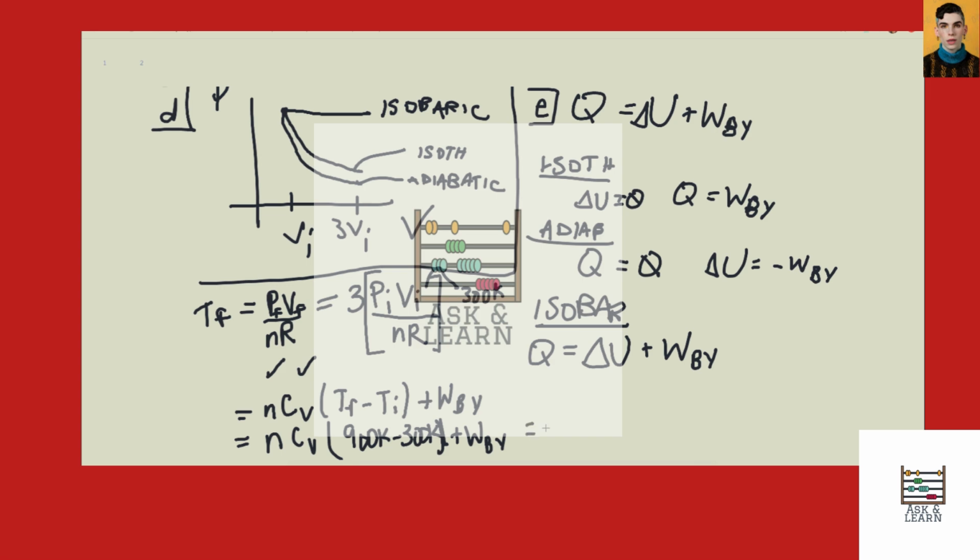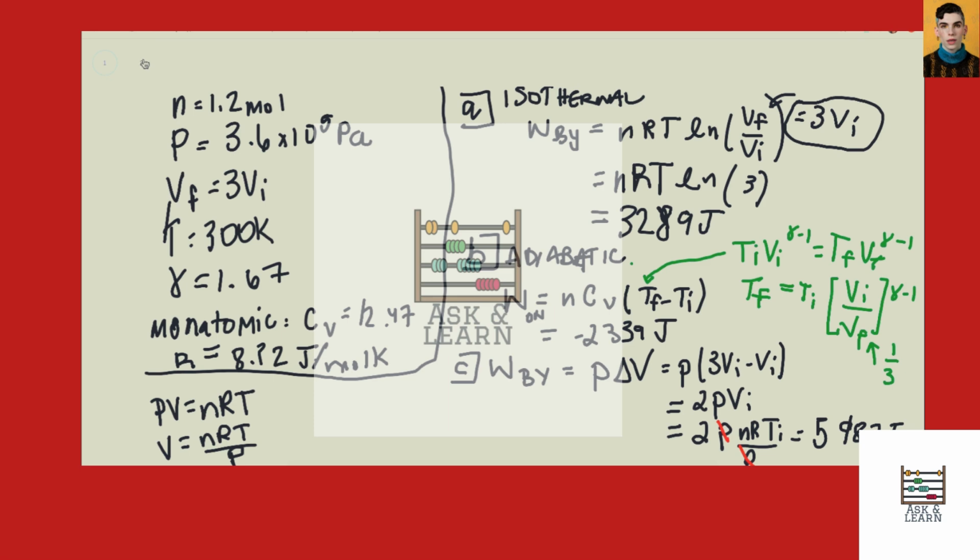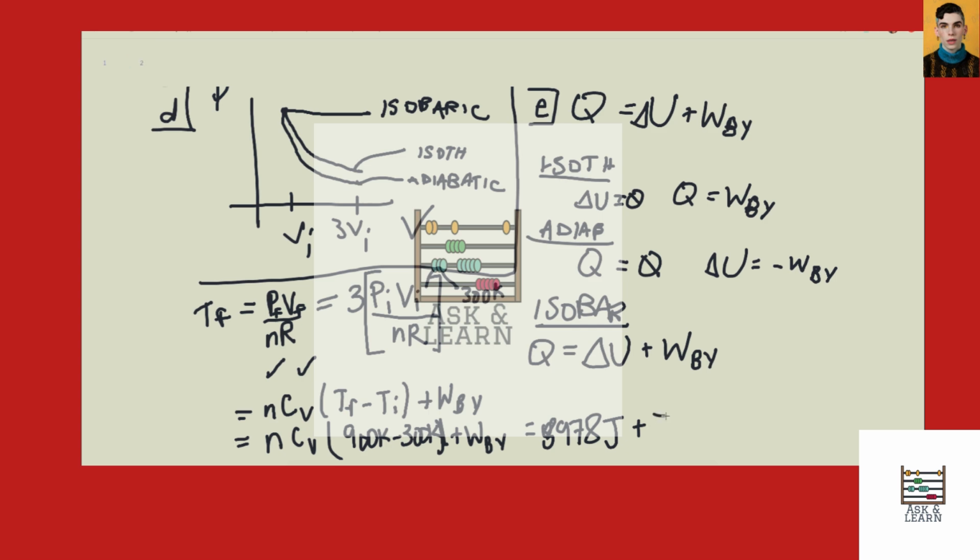Okay, 8978 joules plus the work done by the gas, which we found in the previous part, which was 5987. Okay, yeah, and this was all Q. So if you add those together, what do you get? 14,965.